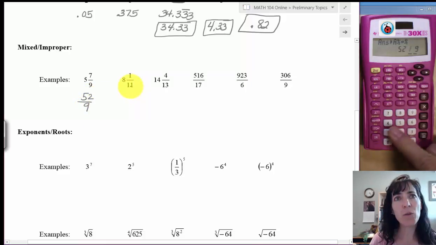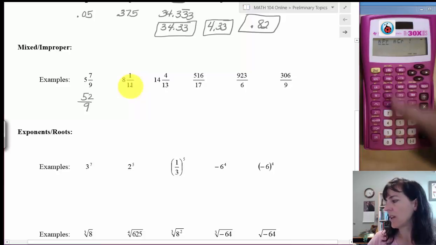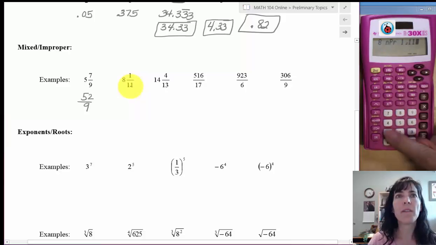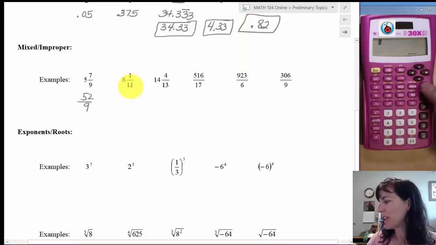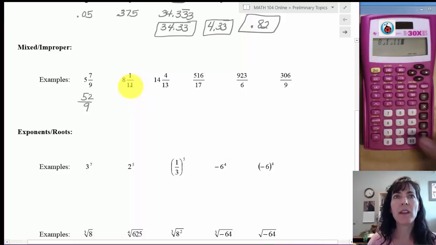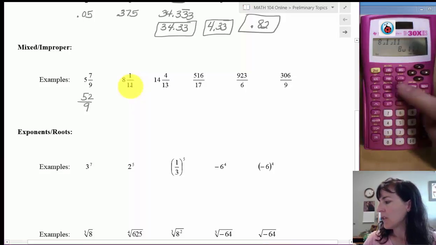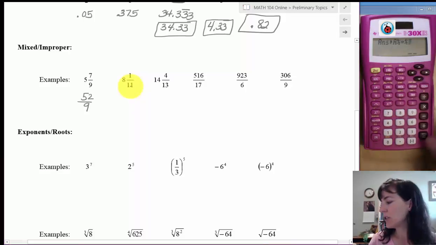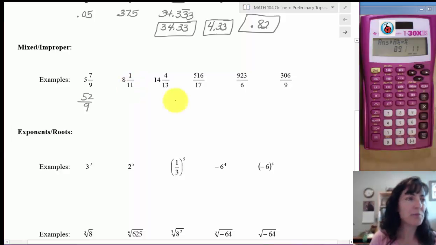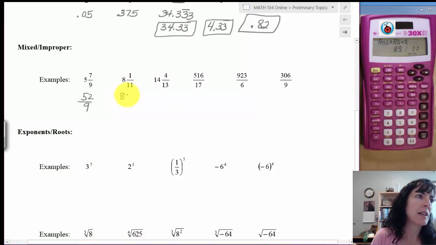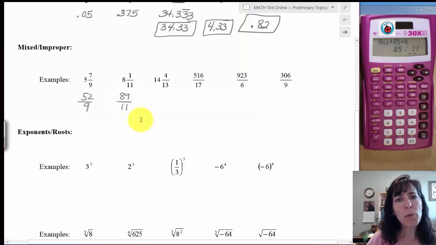Okay, and then 8 1/11. Whoops, wrong button. 8 1/11. And then convert that into an improper fraction, and I get 89/11.